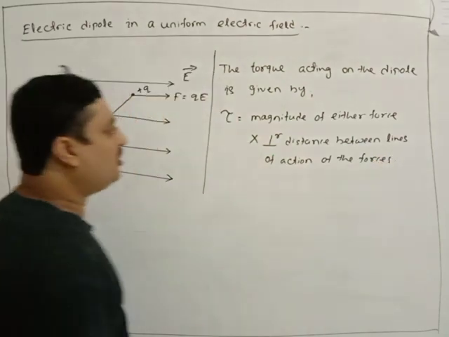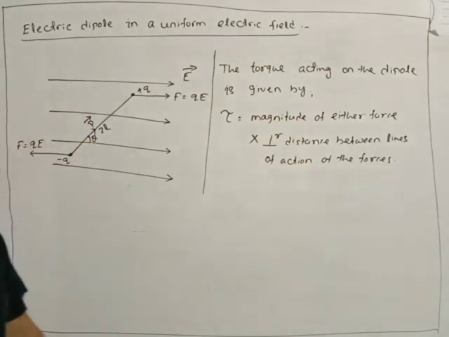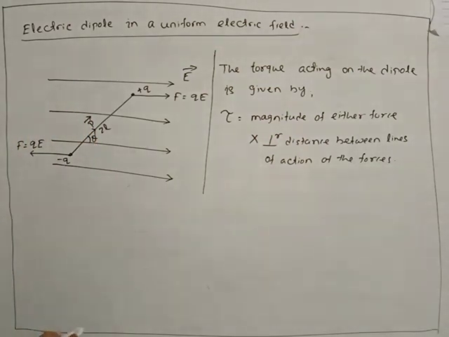So what is the torque formula? Magnitude of either force into perpendicular distance between the lines of action of the forces.